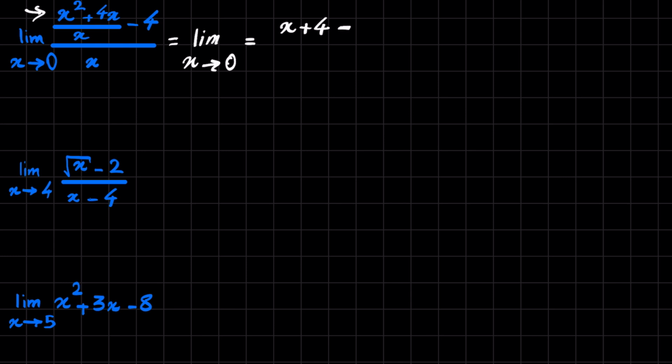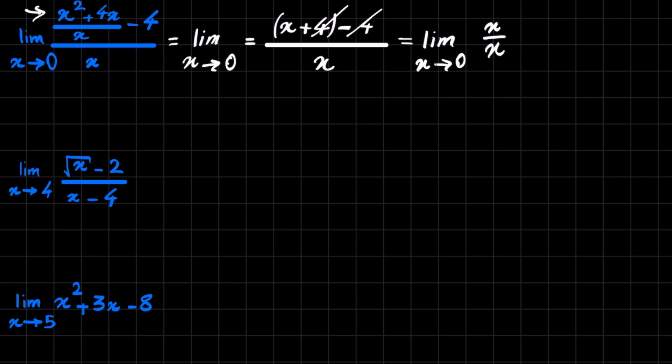And for the second part, we're going to write the same thing, and the denominator is still going to be 0, which is still going to be undefined. So we're just going to get rid of the 4's, and we're going to see that the limit is going to be x over x as x approaches 0, and the answer is going to be 1 as we cancel out the x's.